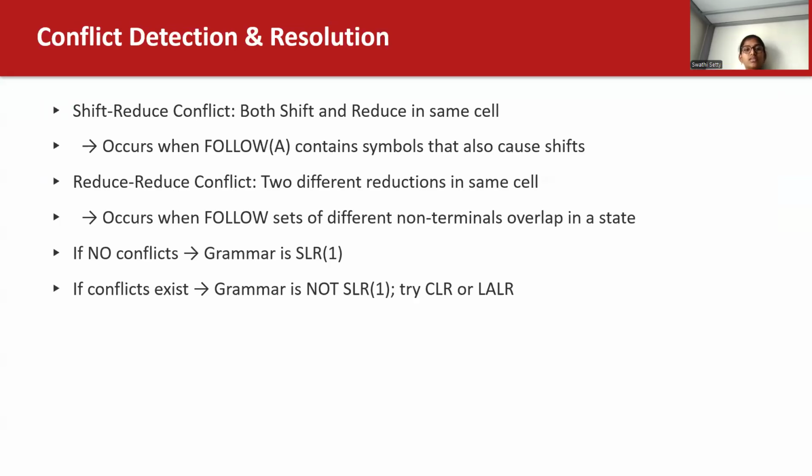The shift-reduce conflict: both shift and reduce in the same cell, occurs when the follow set contains symbols that also cause shift. Reduce-reduce conflict: two different reductions in the same cell, occurs when follow sets of different non-terminals overlap in one state. No conflict, the grammar is SLR(1). If a conflict exists, the grammar is not SLR(1); try CLR or LALR.